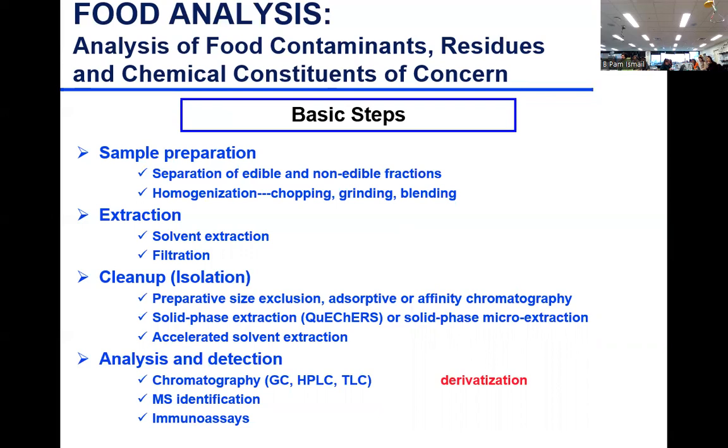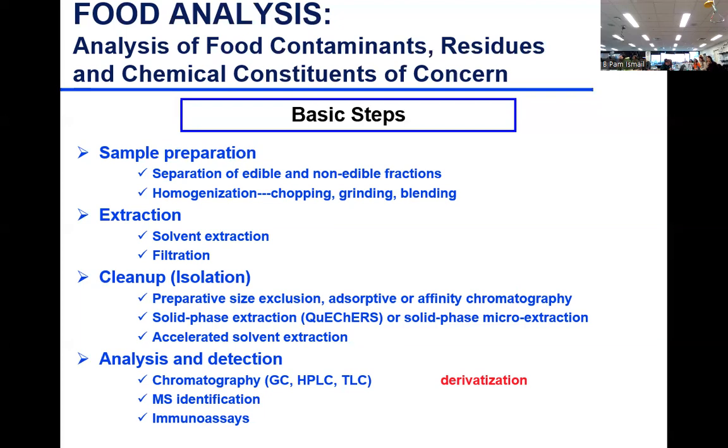This very long acronym, you don't have to remember it, but I can tell you what it is. Quick, easy, cheap, efficient, rugged, and safe. I don't know who came up with it. And I don't know how I remember this, but usually the extraction has to be quick, easy, cheap, efficient, effective, that is rugged, and safe.